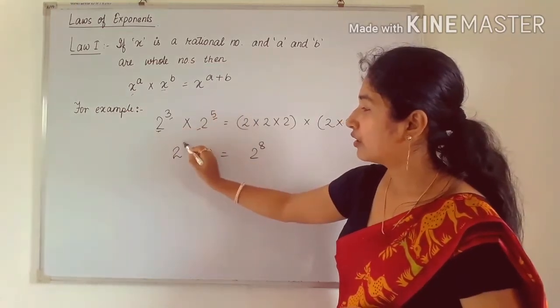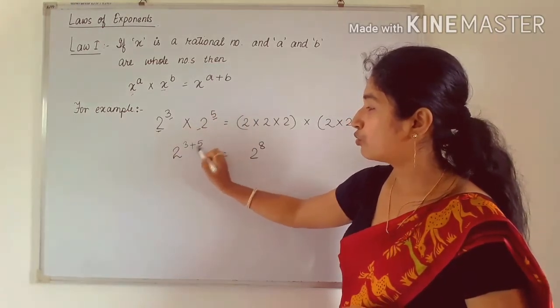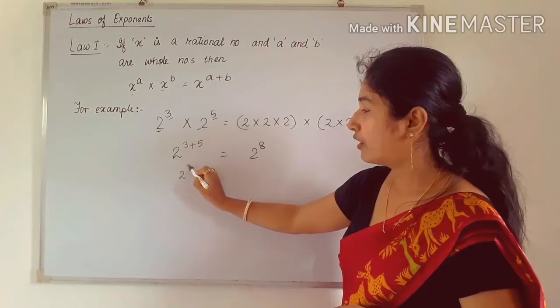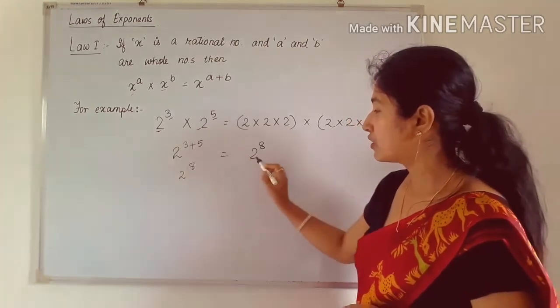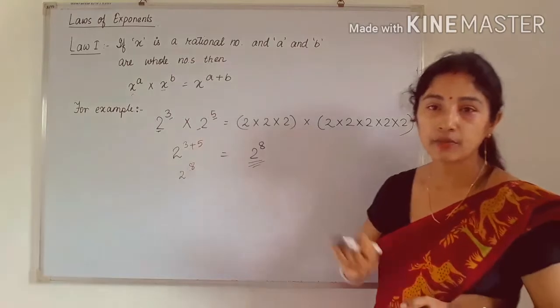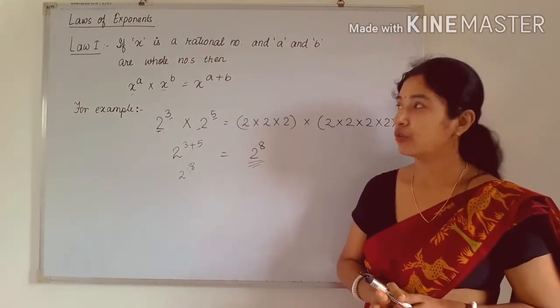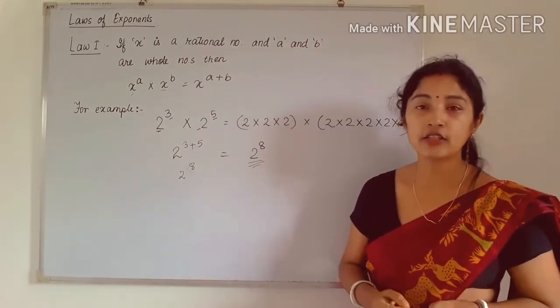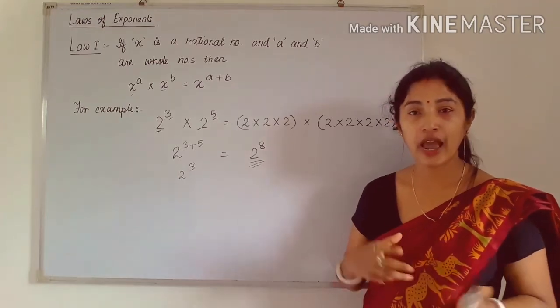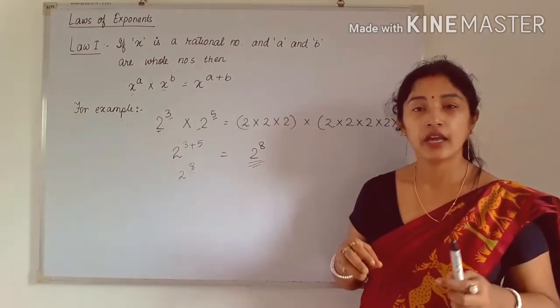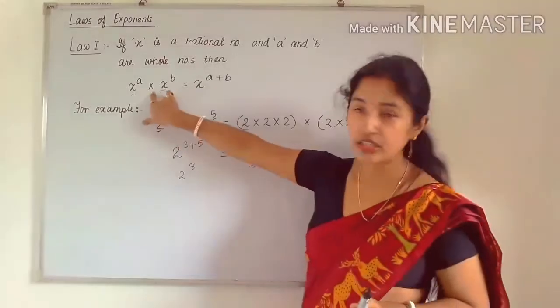So we write 3 plus 5. So 2 to the power 3 plus 5 will be 2 to the power 8, which is the same answer as when we expanded the numbers. So we can apply this law when the bases are same and the powers are different, and between the two expressions there is a multiplication symbol.